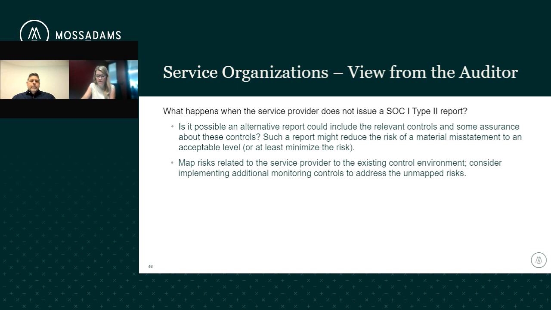In most cases, without a SOC 1 Type 2, management is ultimately responsible to address the risks related to the services being performed by the service organization. So this usually means implementing additional controls to gain comfort over those automated controls, over testing the completeness and accuracy of key reports coming from that application, and perhaps some additional monitoring controls over any manual transactions that are being processed.